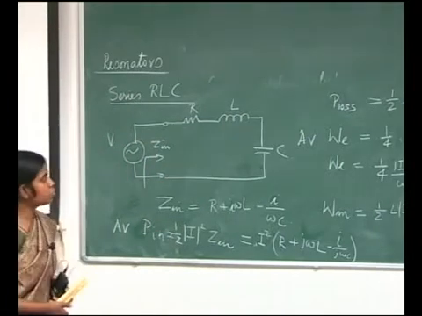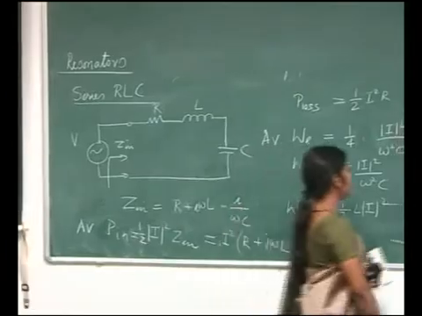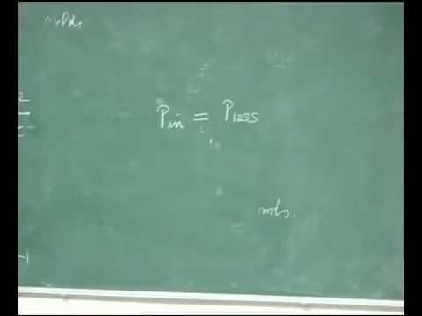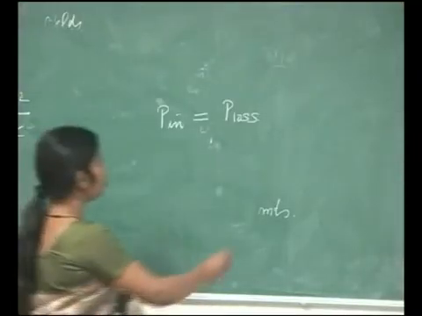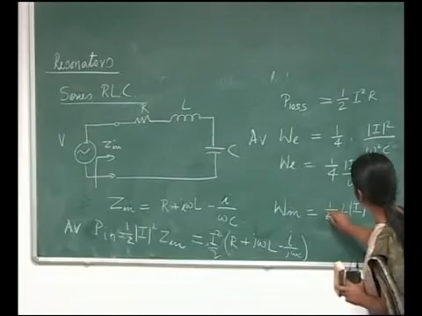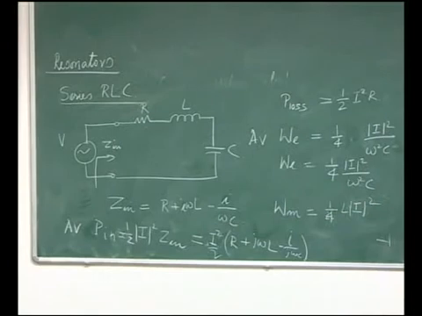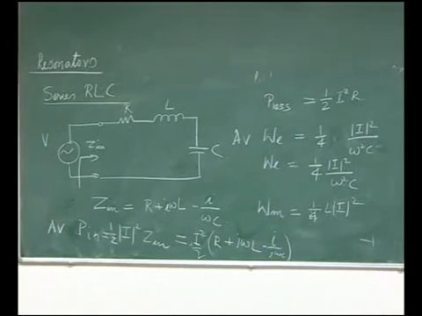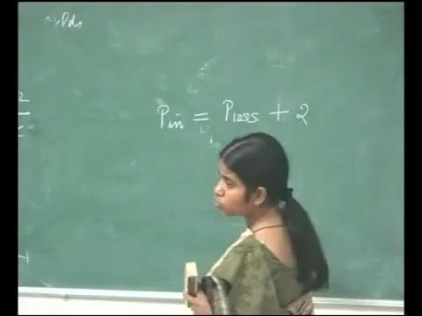Okay. So now I can write from here that this is equal to, here we will have a 2 also. So I will have P loss plus, this will be 1 by 4 average. Okay. So I will have P loss plus 2.